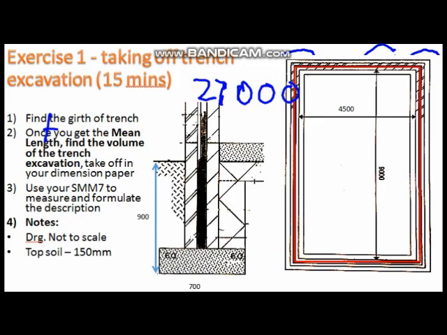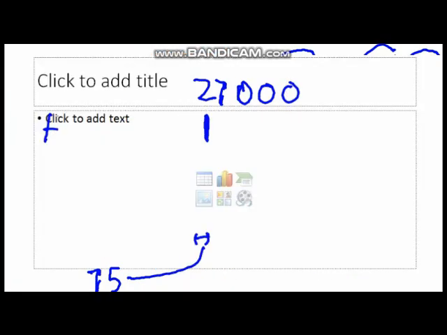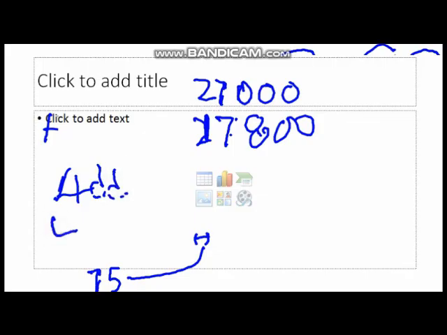here. Okay, it is not yet the half of the cavity. So what you need to do is, as you know, we put the cavity 75 just now, so we need to add it again to 27000 with another 4 times 2.